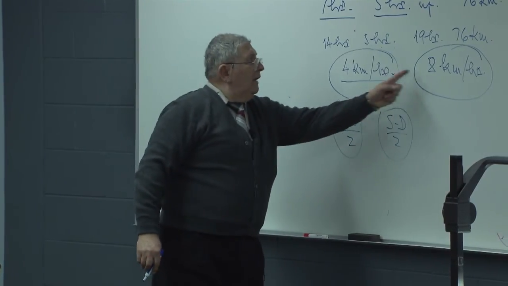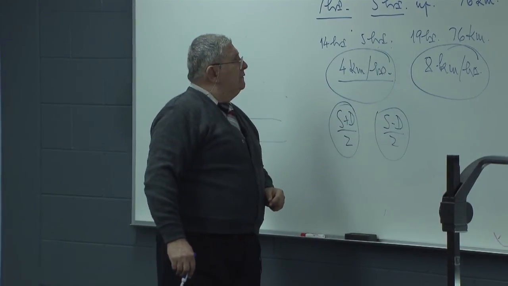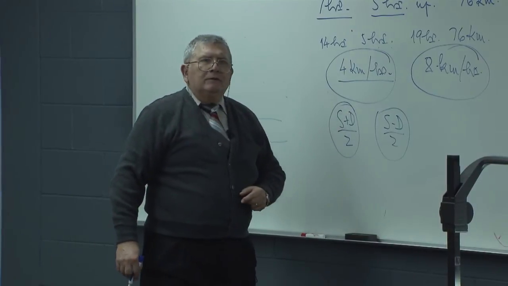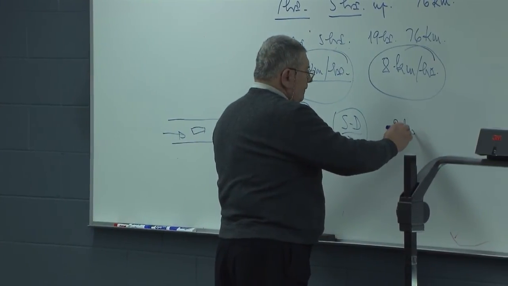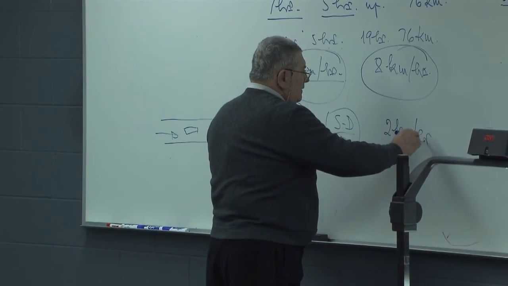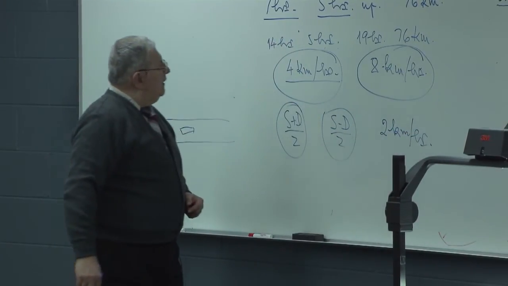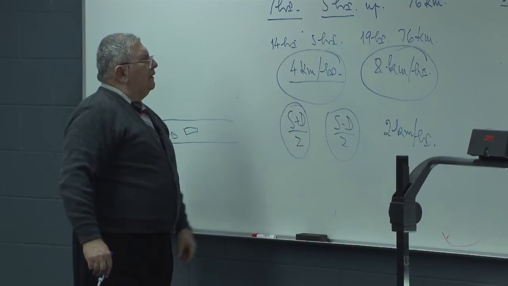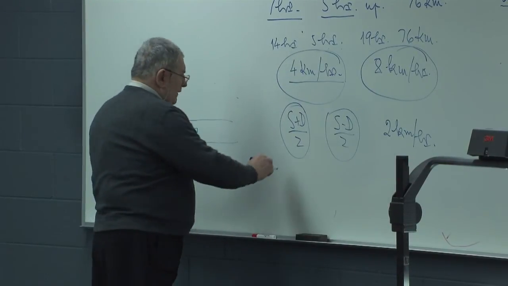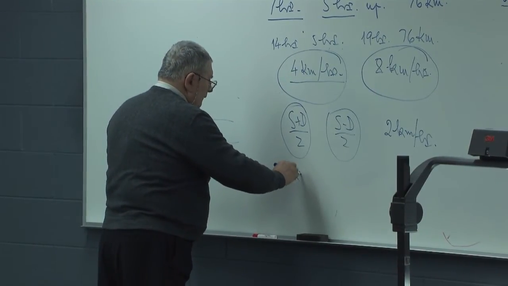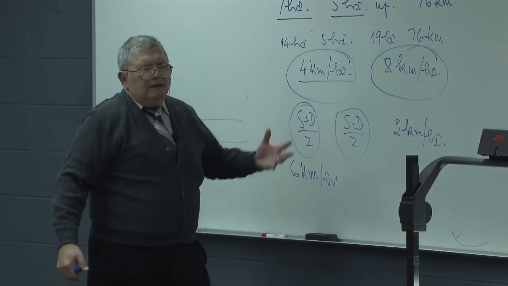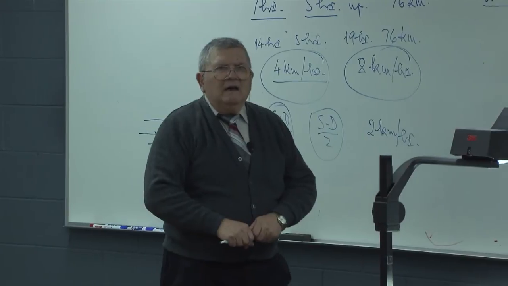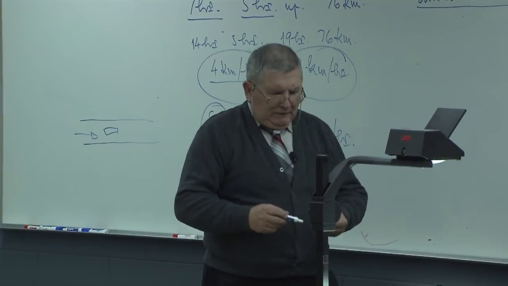So 8 minus 4 over 2 is 4 over 2 is 2 kilometers per hour is the speed of the river. And 8 plus 4 is 12 over 2 is 6 kilometers per hour is the speed of the boat in still water, but this is not asked.